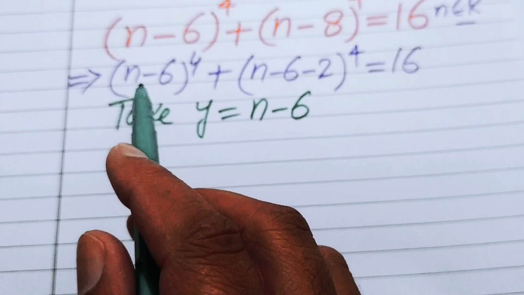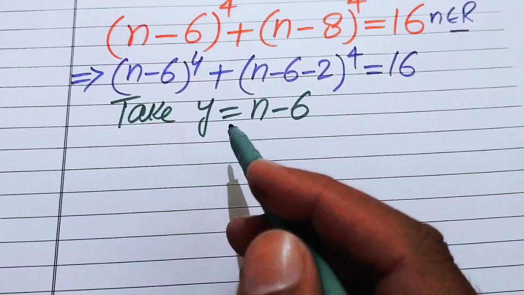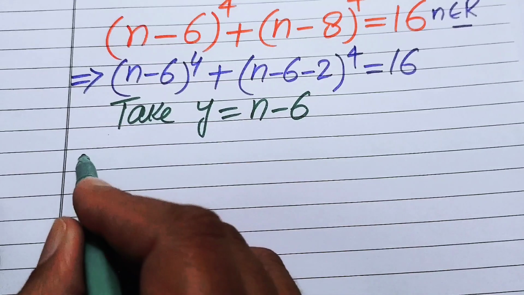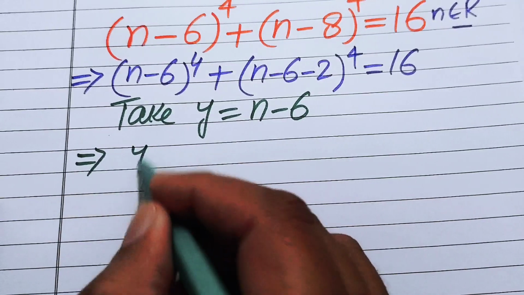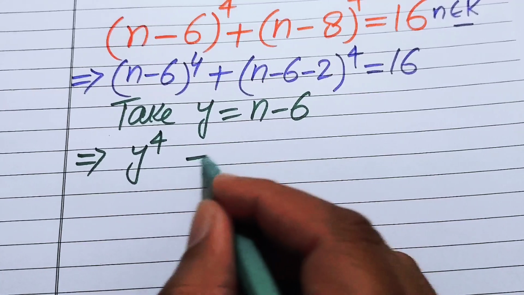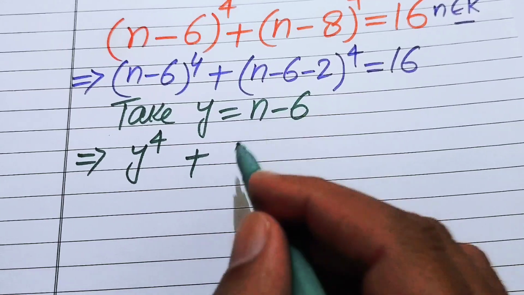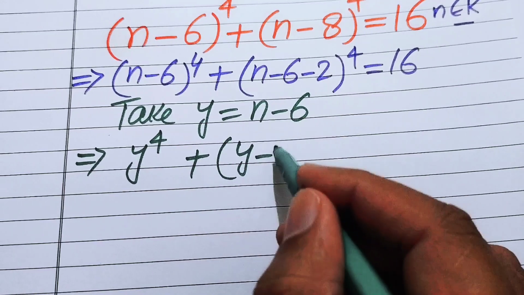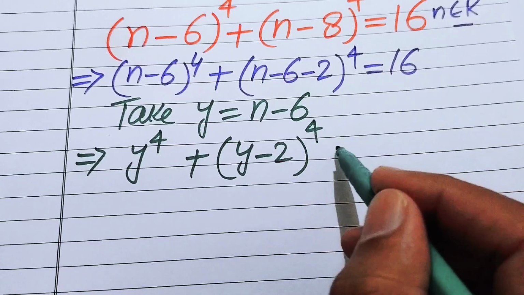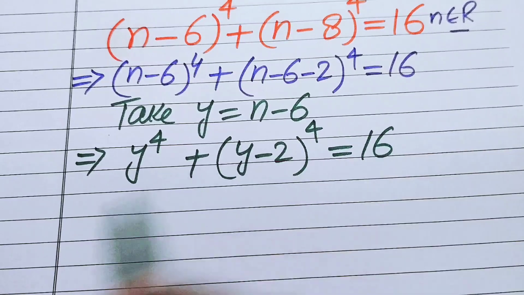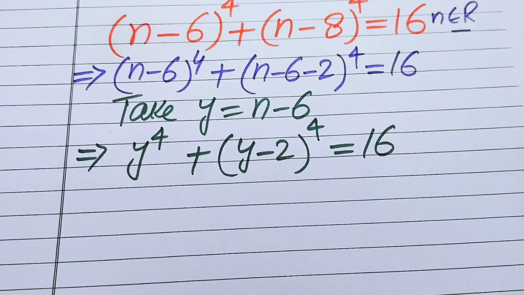When you take y equals n − 6, this equation becomes y^4 plus (y − 2)^4, and this whole equation equals 16.